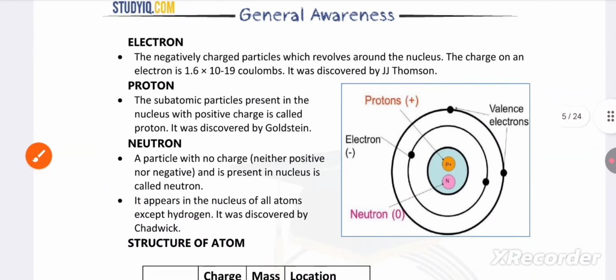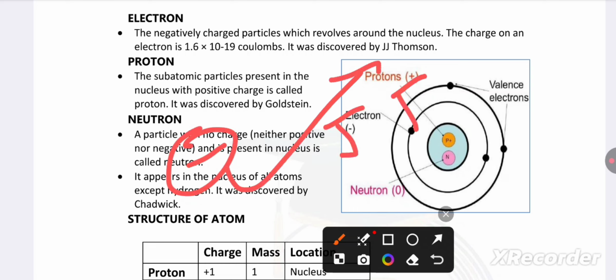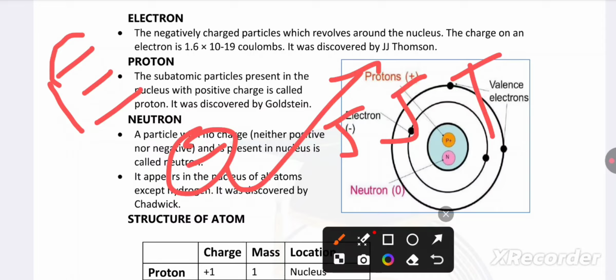Electron. What is an electron? An electron is a negatively charged particle. It was discovered by J.J. Thomson. For our reference, the electron symbol is e⁻.